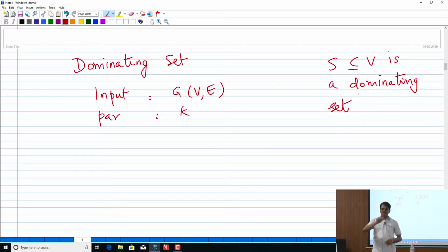You know what the definition of a dominating set is. Yeah, what is a dominating set? A set of vertices is a dominating set if every vertex is in it or adjacent to it.